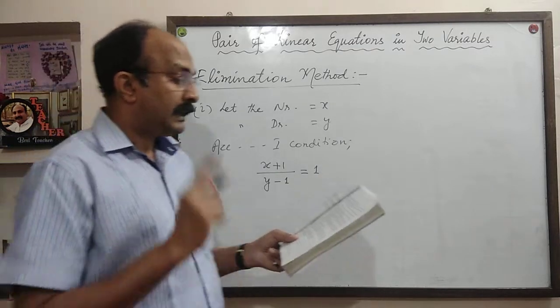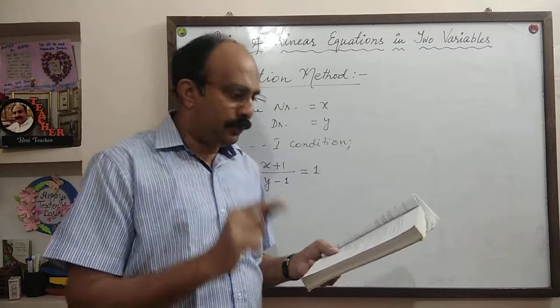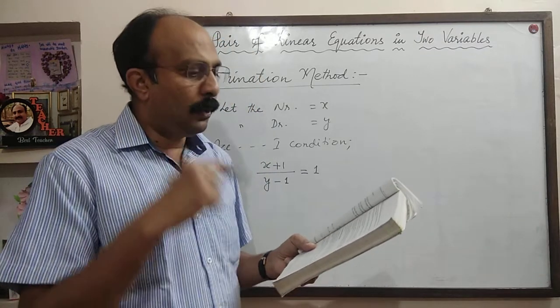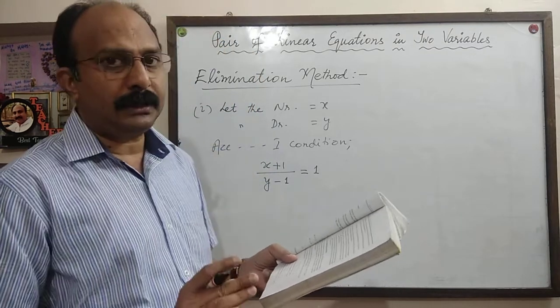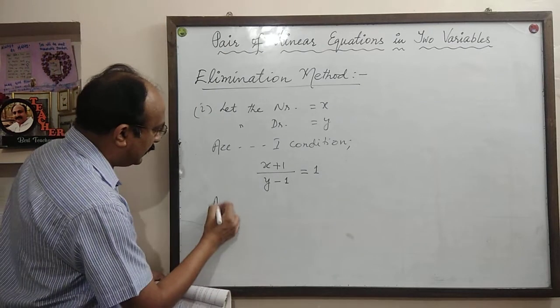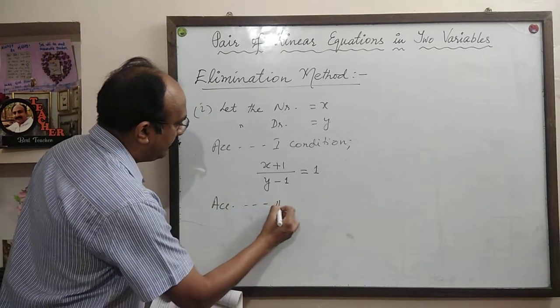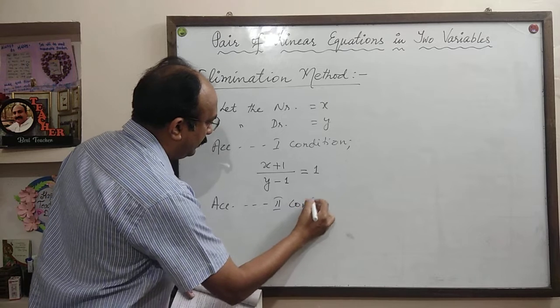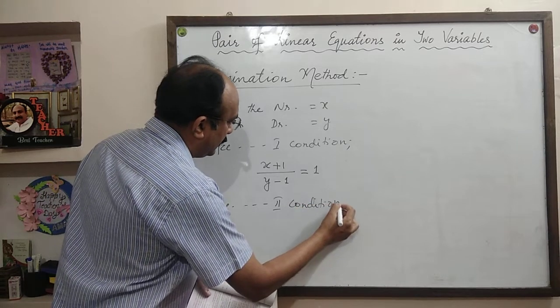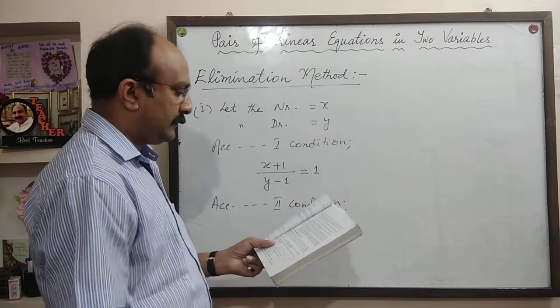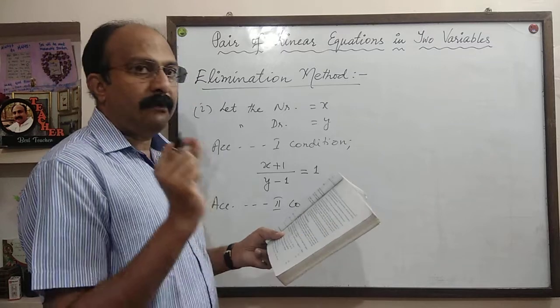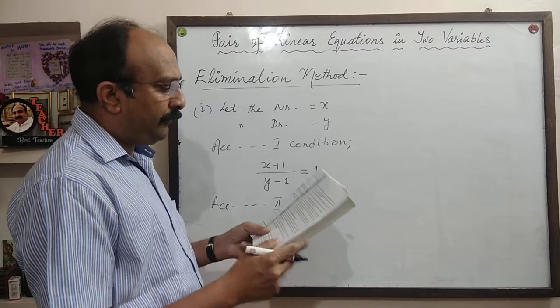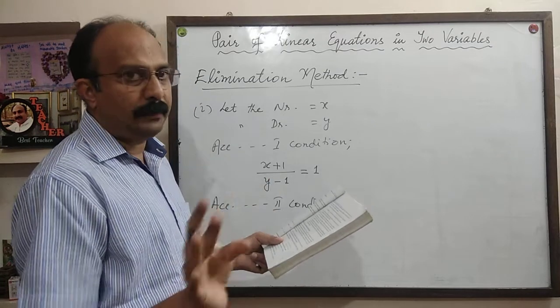It becomes 1 upon 2 if we only add 1 to the denominator. So according to the second condition, it becomes 1 upon 2 if we add 1 to the denominator.